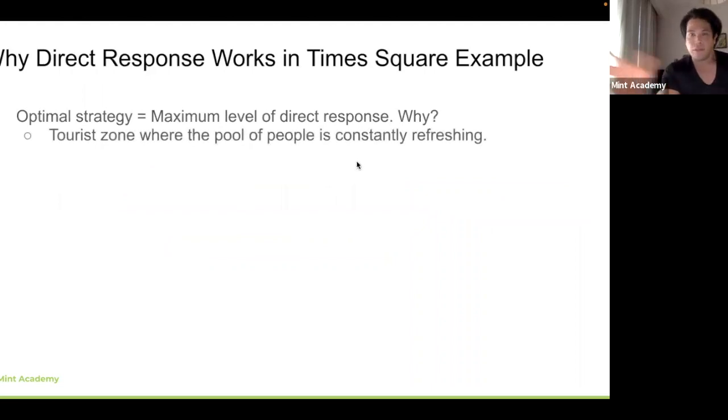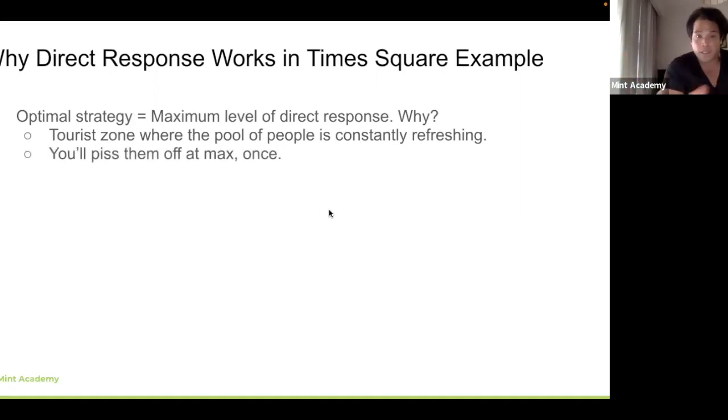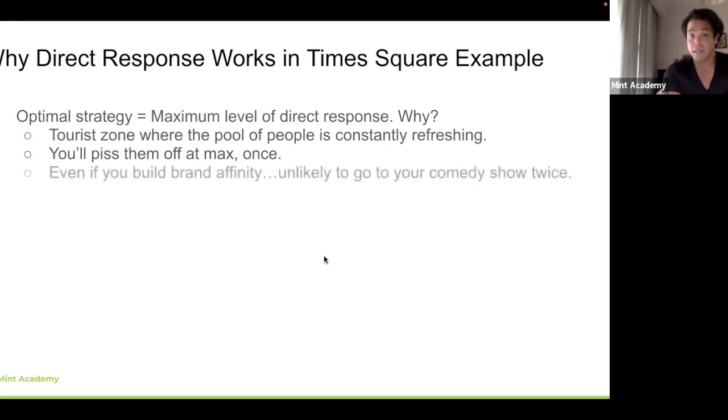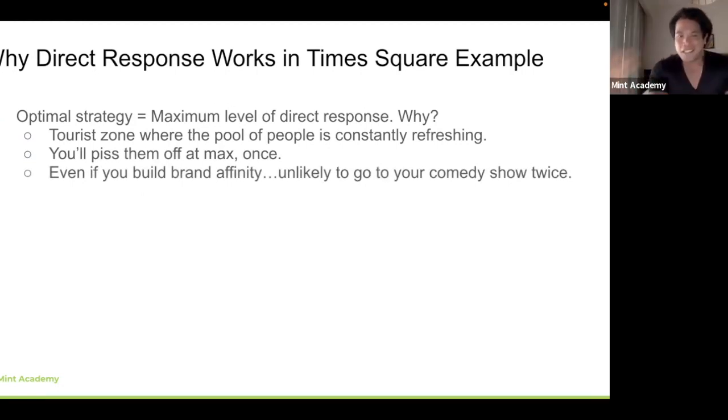Well, they're advertising in a tourist zone, so the pool of people there is constantly refreshing. Because that's the case, you can upset people at a maximum once. They're probably not going to be in Times Square tomorrow, and they're probably not going to remember that you upset them. On the flip side, if you were to focus on brand marketing, it'd still be unlikely for them to go to your comedy show twice, right?